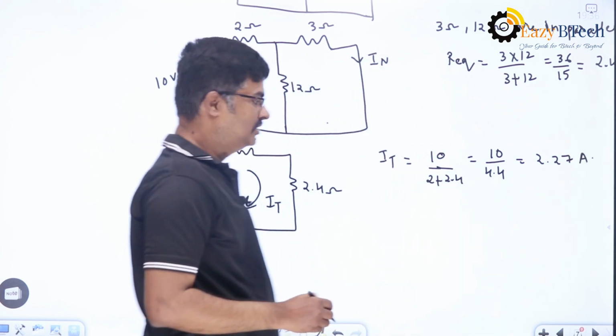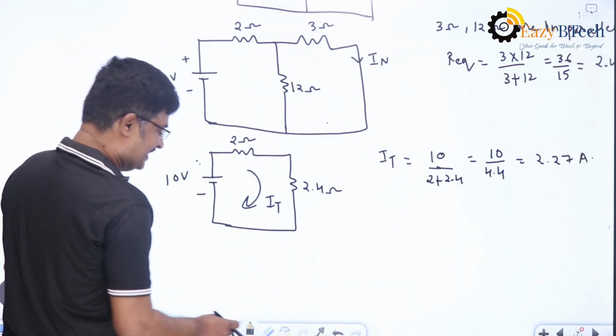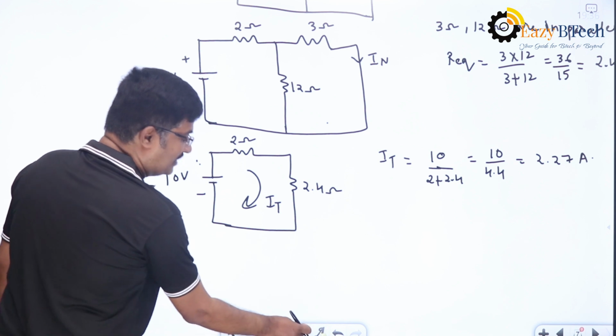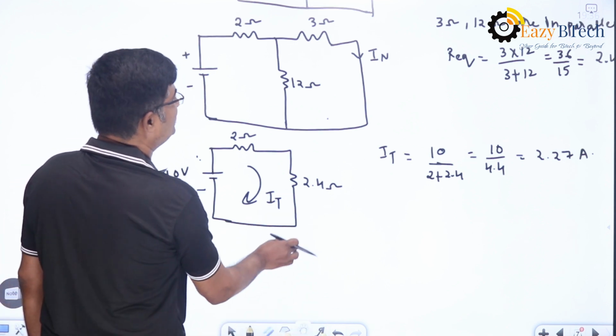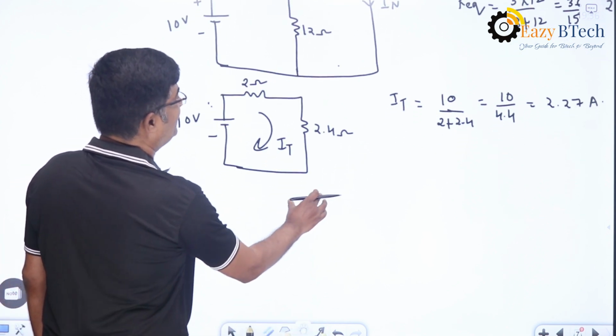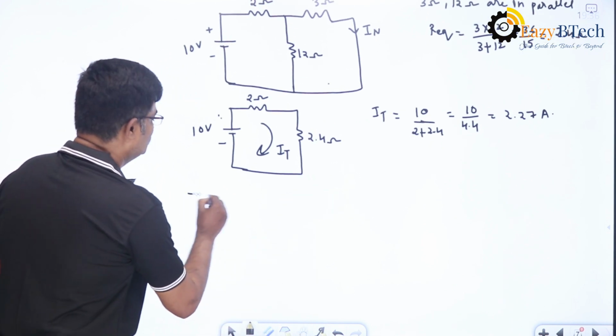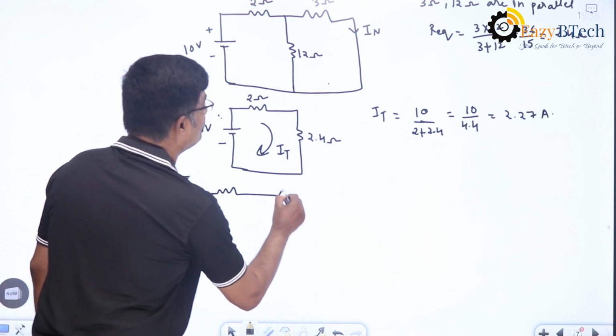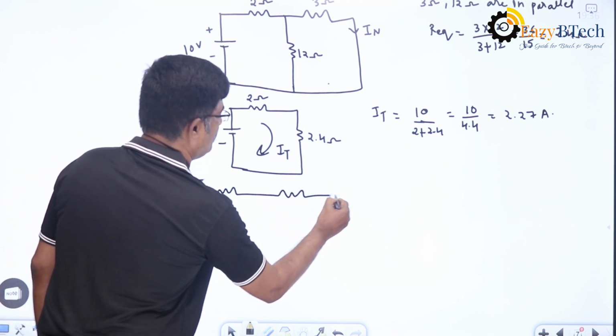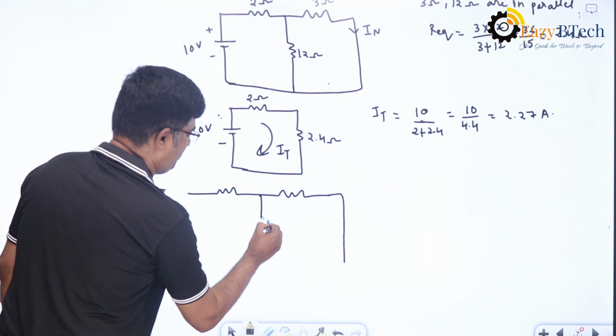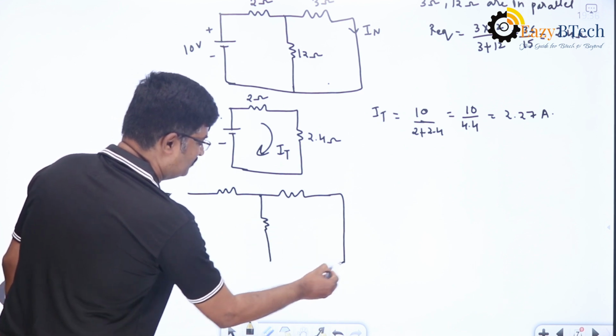Now here I don't want the value of total current. So what I will be doing, I will be simplifying the circuit once again. I am expanding the circuit here.